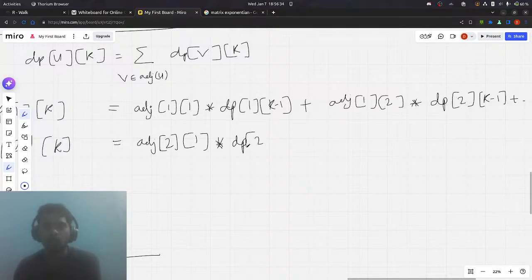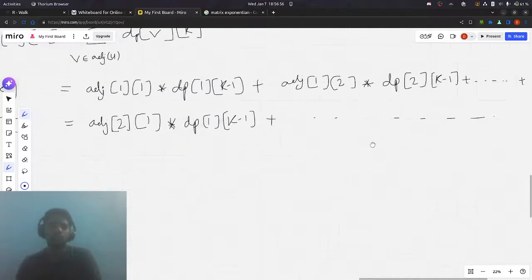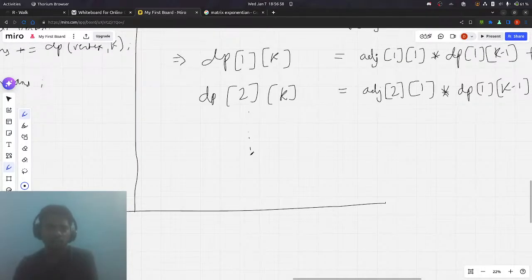It will be 2 k minus 1 and similarly all the others. It will be 1 k minus 1 still, just copy paste, but just this part will be changed. So similarly we can calculate for all the vertices.